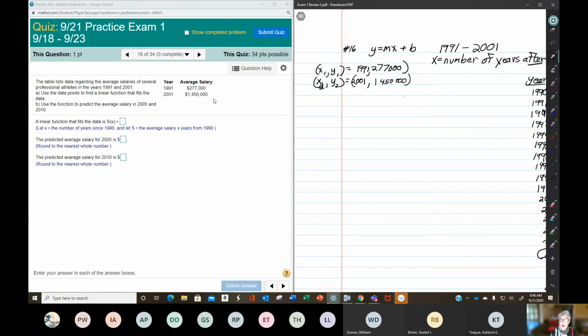Okay, so first thing I have to do is calculate the slope. $1,450,000 minus 277,000 over 2001 minus 1991.